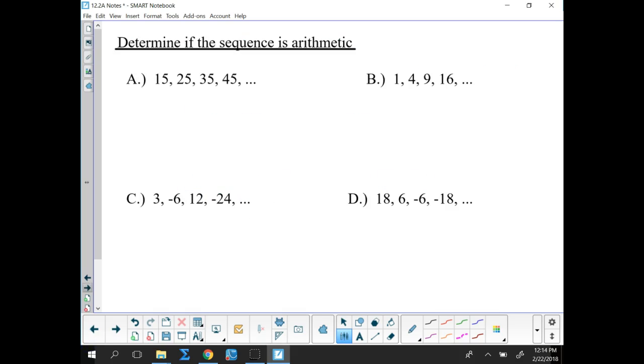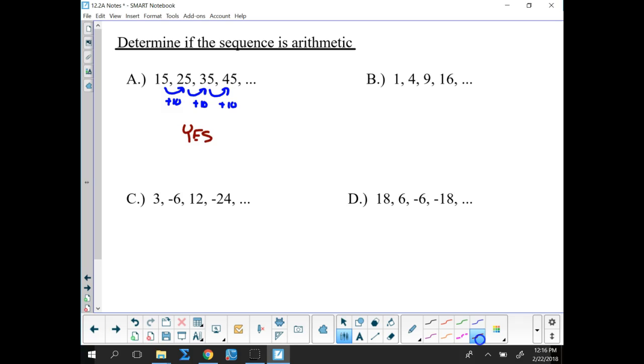Okay? Determine if those are in fact arithmetic or not. Talk to me about the first one. Adding 10 each time? Okay. So that one's a big ol' yes.